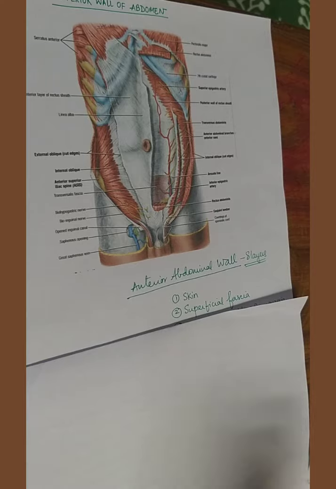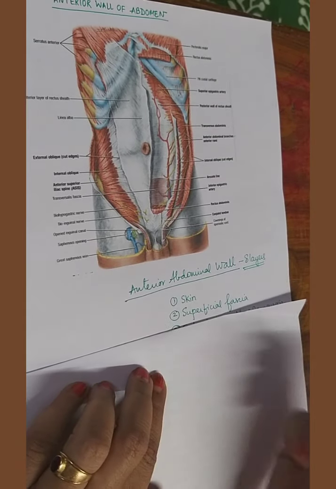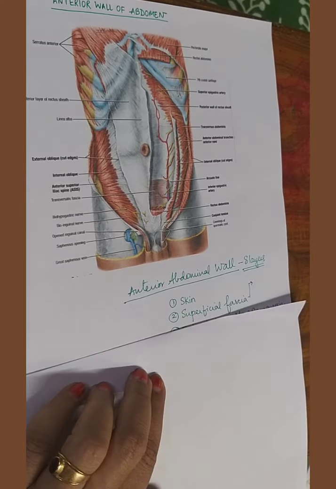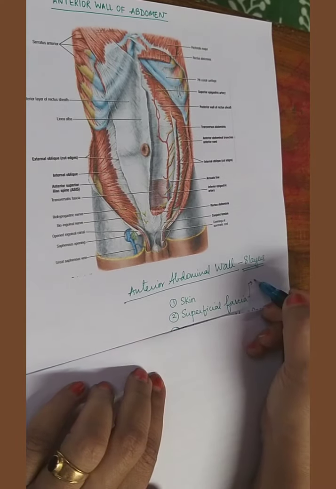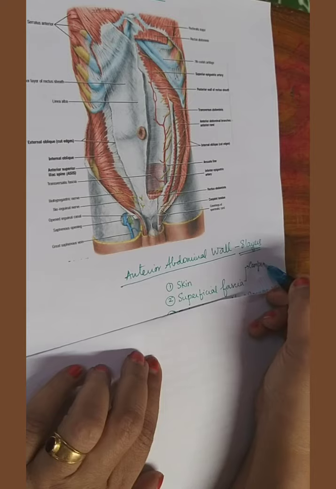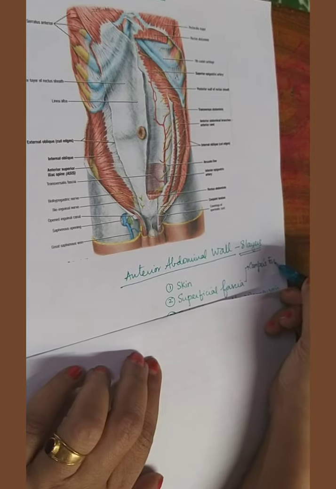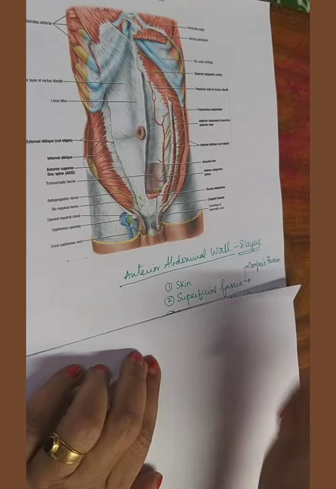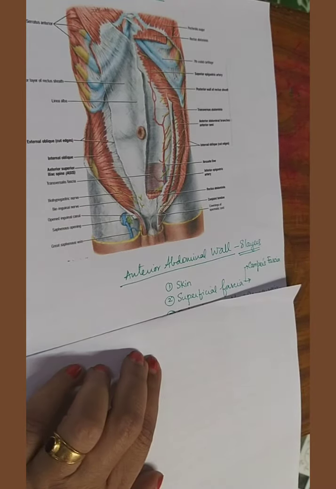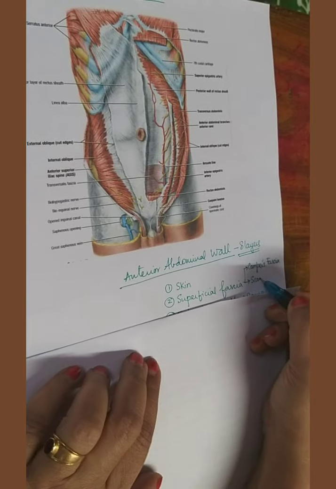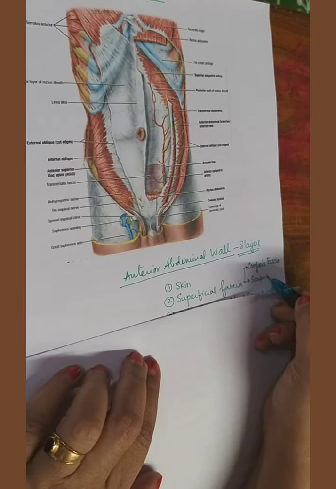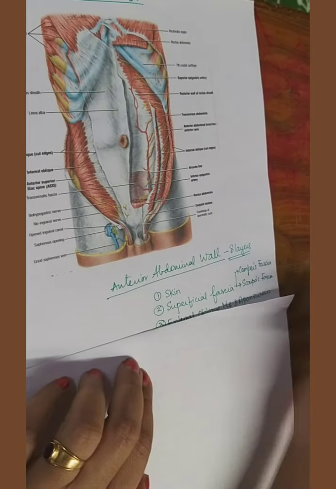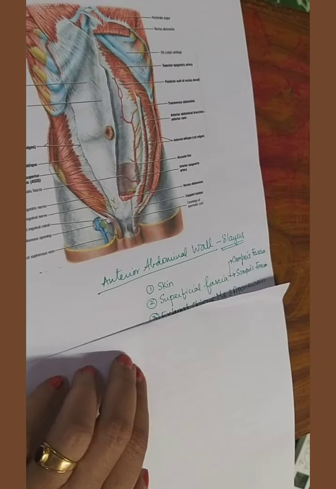The superficial fatty layer is also called Camper's fascia, and the deeper membranous layer is called Scarpa's fascia.